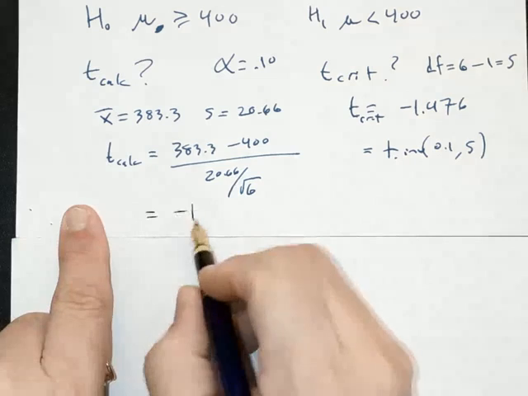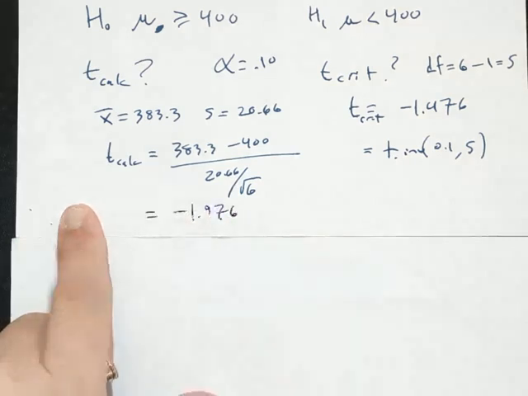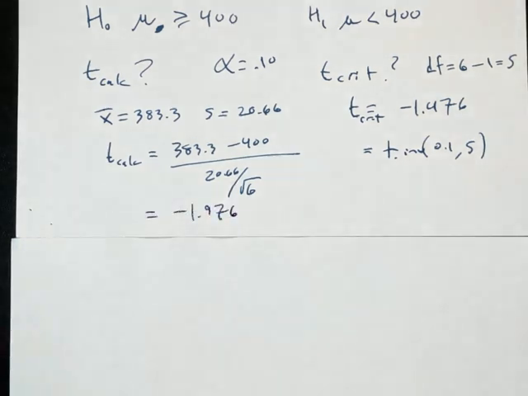Negative. Do I see a bunch of nodding or a bunch of disagreement? Talk to me, people. Okay, I got a couple of agreements. If this isn't what you got, walk me through your calculation.